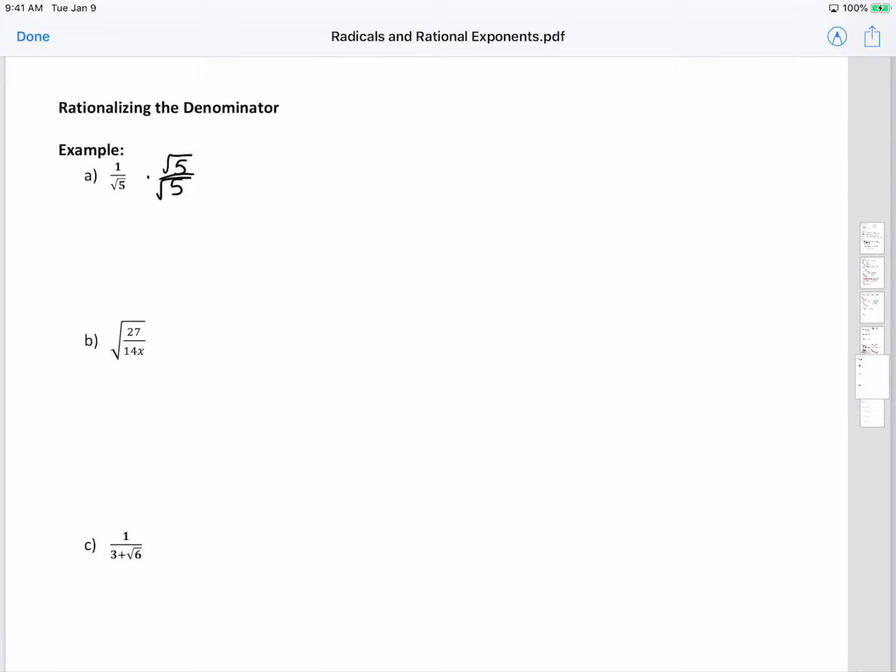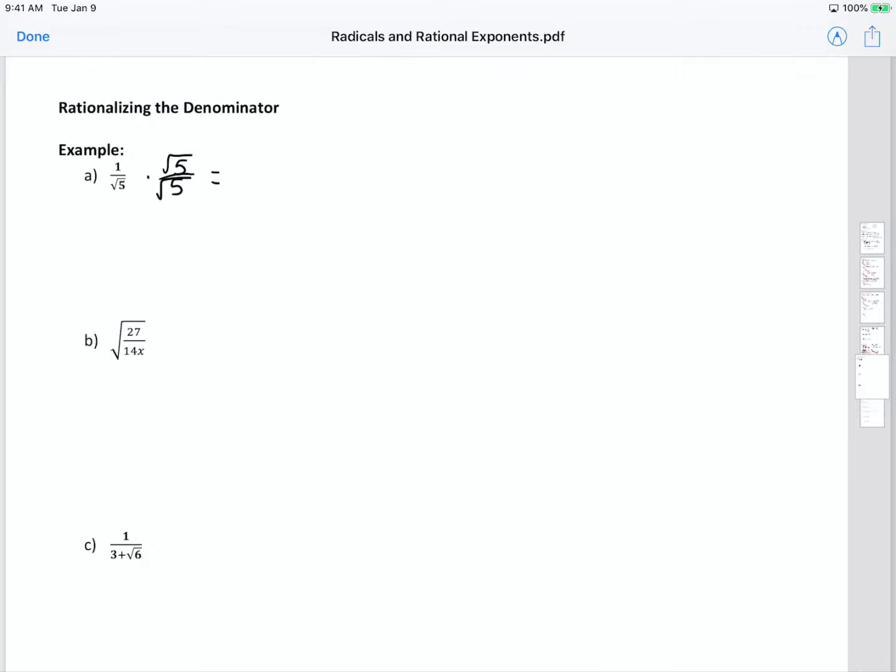So, by multiplying by the square root of 5 over the square root of 5, like in example A, you're multiplying 1 over the square root of 5 by the quantity 1, so you're not changing the value of 1 over the square root of 5, you're just rearranging it.